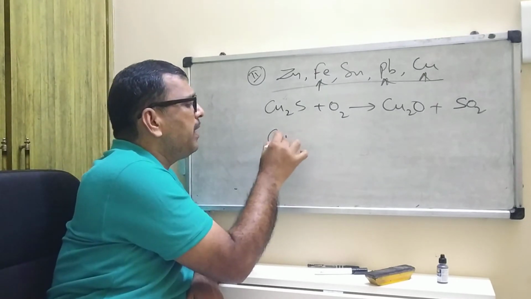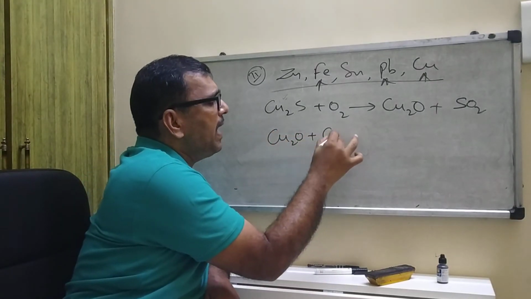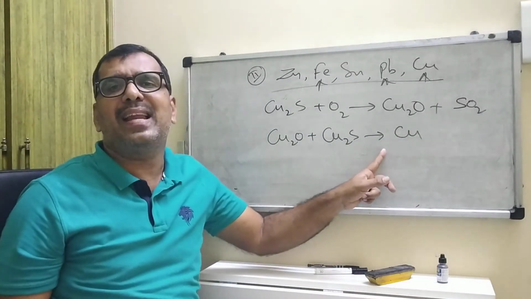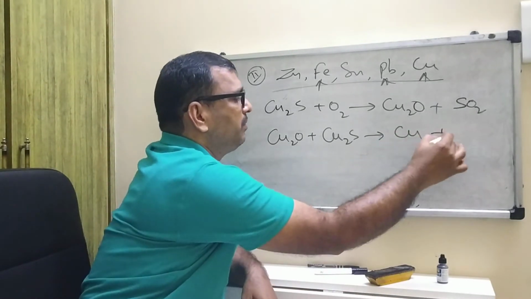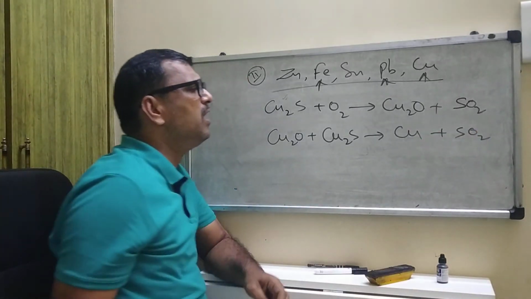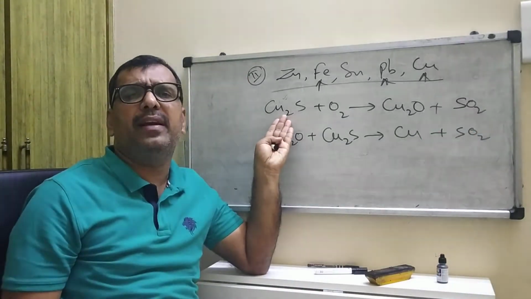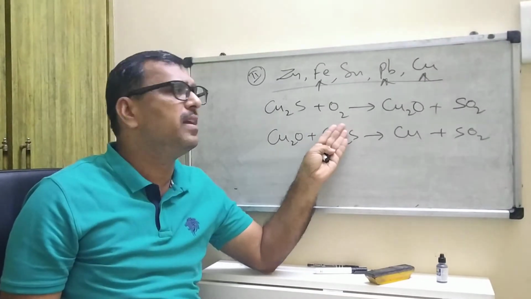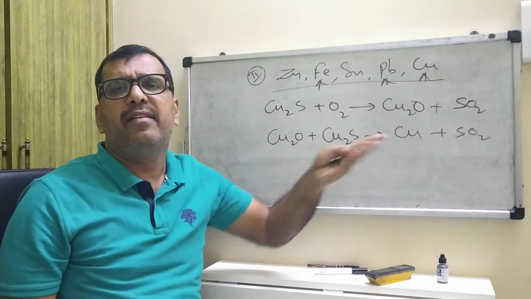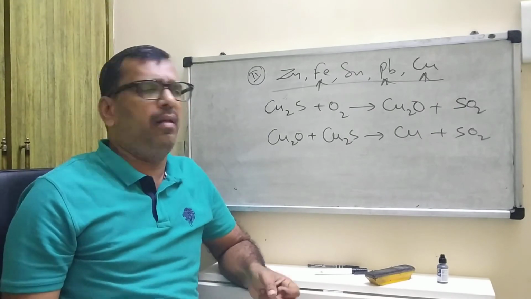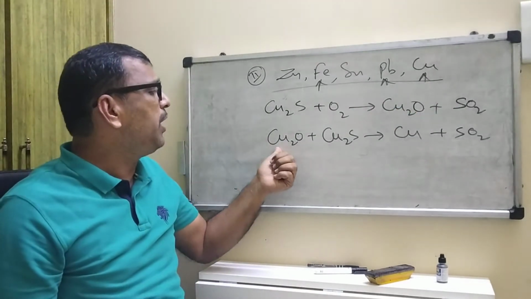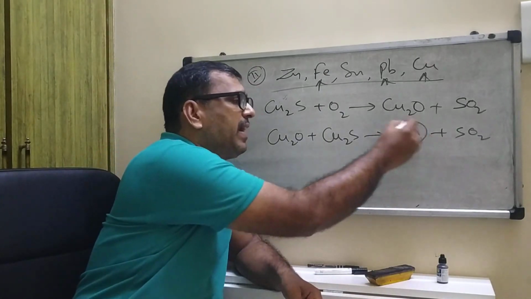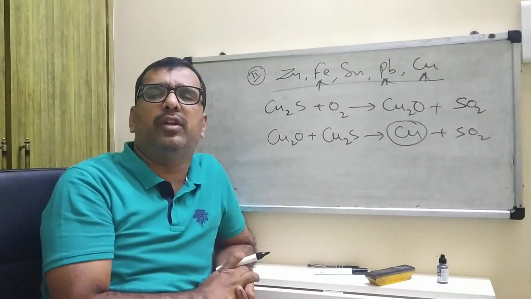Then Cu2O reacts with Cu2S to form the metal, Cu, again with the liberation of sulfur dioxide.